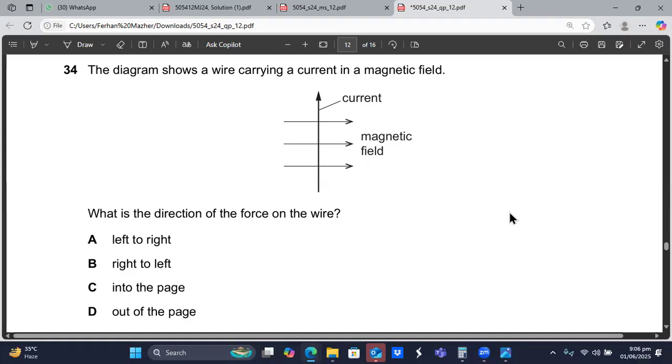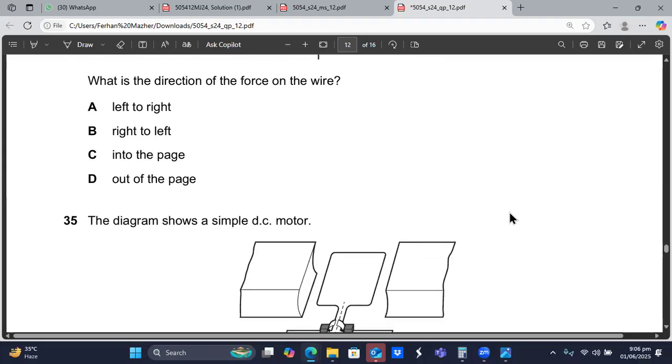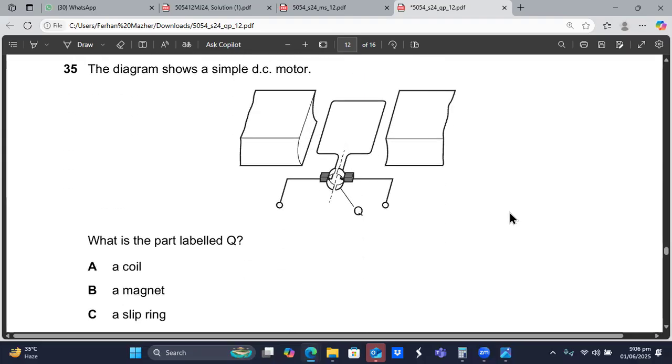Then the thumb of your left hand will be pointing in the direction of the force experienced by that current carrying conductor. My thumb is pointing into the screen, so that means into the page. 34, C is the right option. I hope you all know how to use the left hand rule.